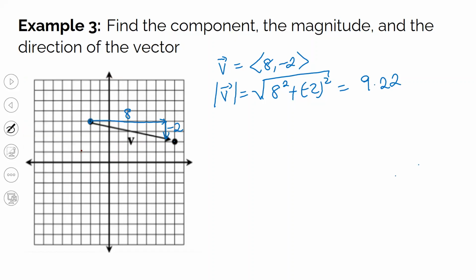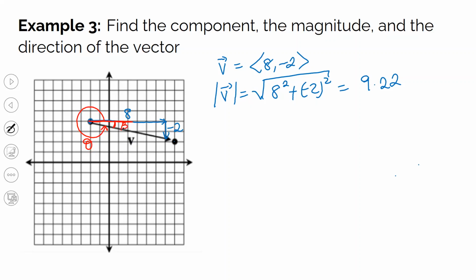Let me use red. To be able to get to this vector, we are starting from this positive x direction. We need to go all the way like this. That's our theta. And as you can see, it appears that theta is a very big angle. It is just a few degrees away from 360 degrees.